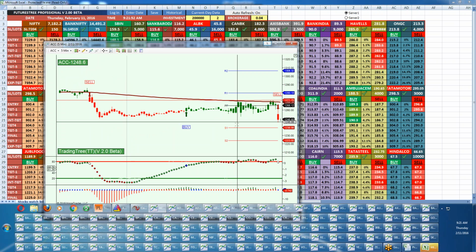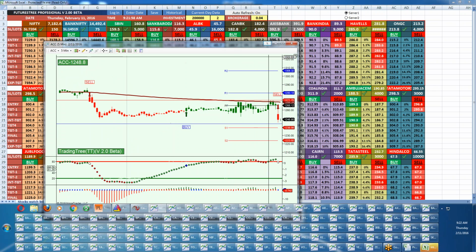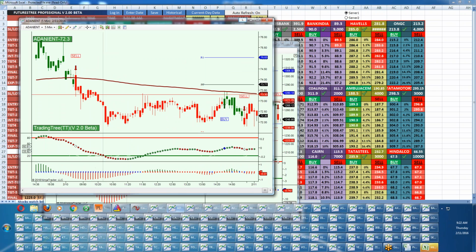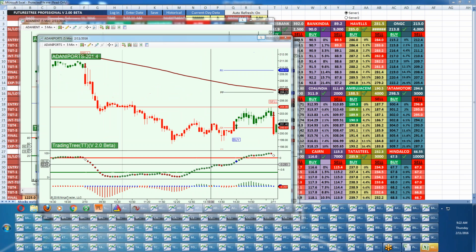So ACC, we have a sell here, so you can short it below this. So I'm just drawing a line. Adani Enterprises, you can short it below the S1. Adani Ports, you can short it at this level.